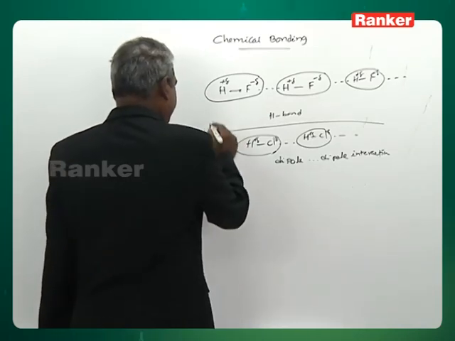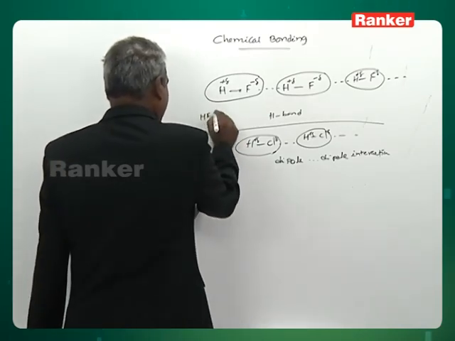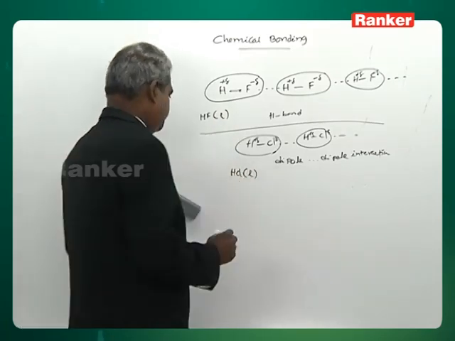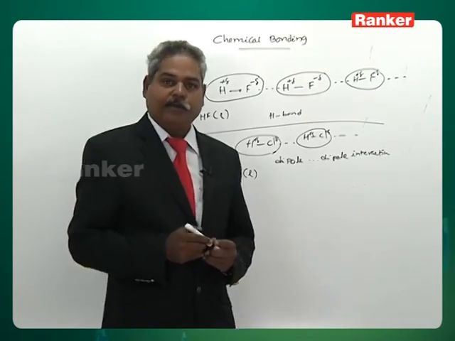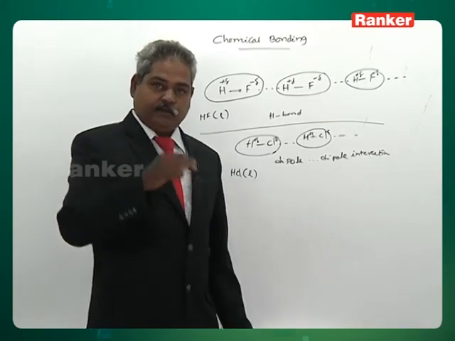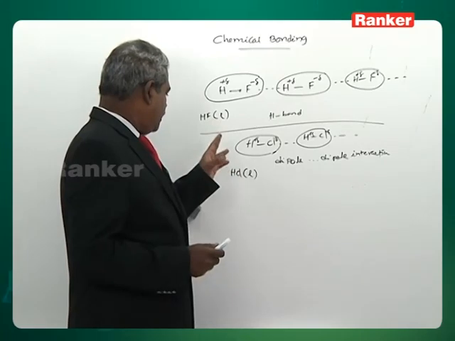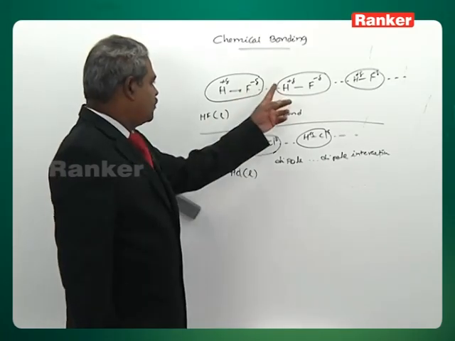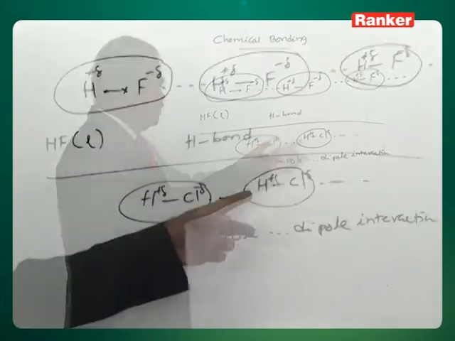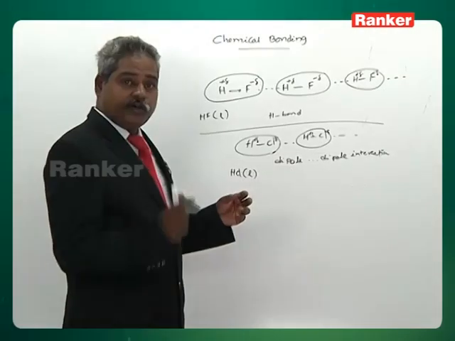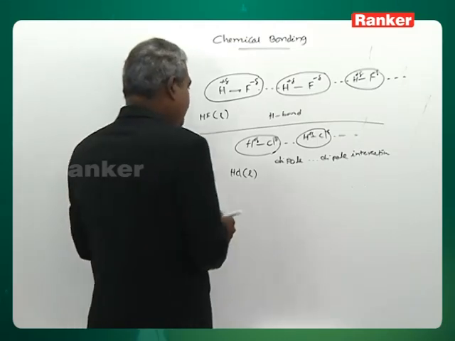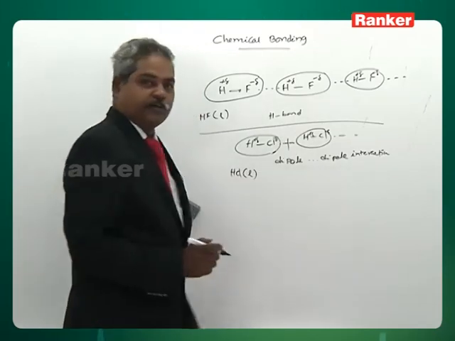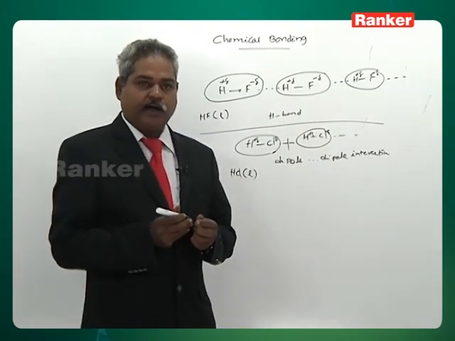So, what happens as a result? Take HF in liquid state and HCl in liquid state. Imagine they both are gases at room temperature, but imagine them in their liquid state. When two HF molecules are in liquid state, there is strong force of attraction between molecules of HF. Molecules of HCl, there is less force. So, when you heat, what happens? It is easy to overcome these cohesive forces, because they are not strongly bonded.